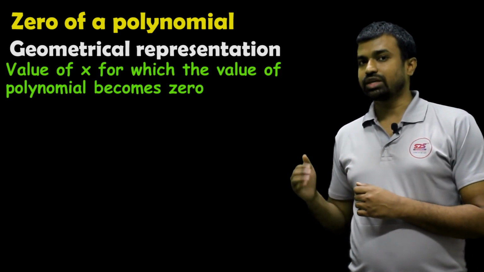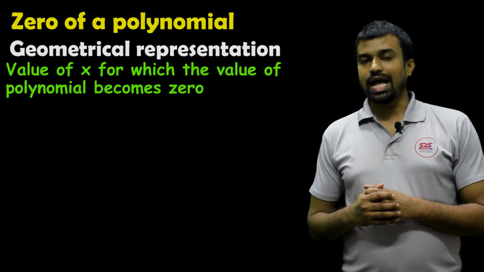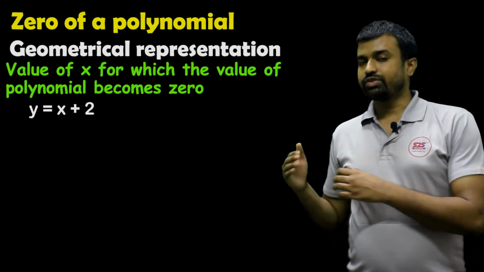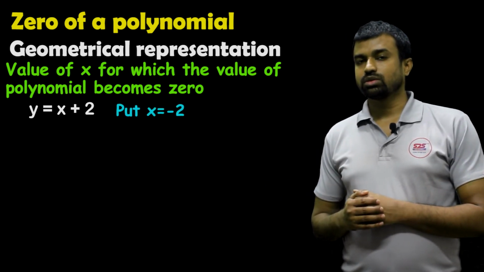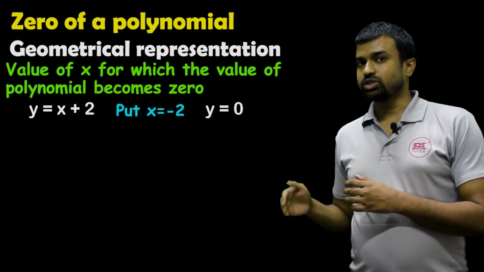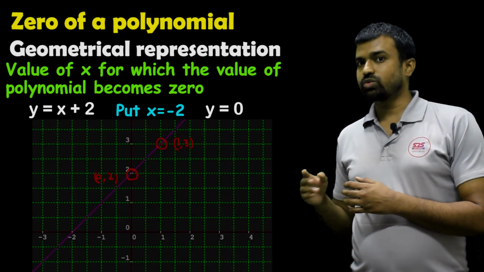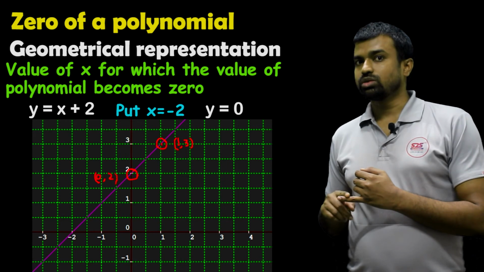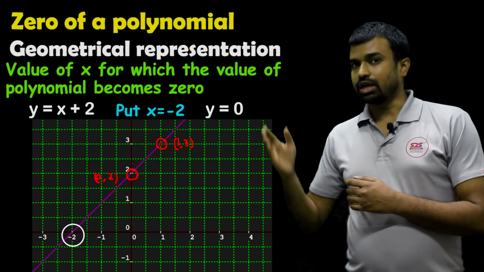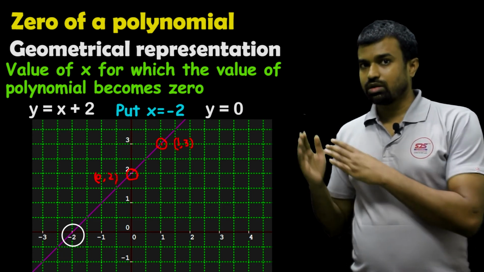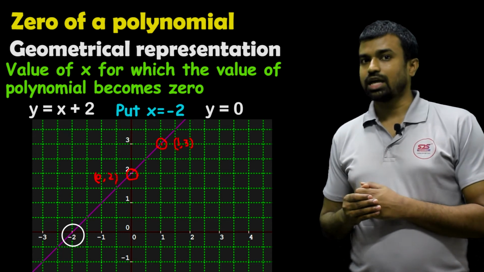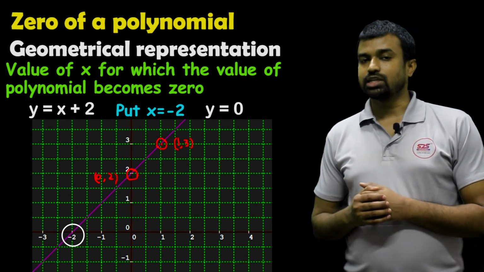For example, if we consider y equal to x plus 2, a linear polynomial, and put x equal to minus 2, we get y equal to 0. By coordinate geometry, you can see that at x equal to minus 2 you get y equal to 0. It means the graph of this polynomial will cut the x-axis at x equal to minus 2.